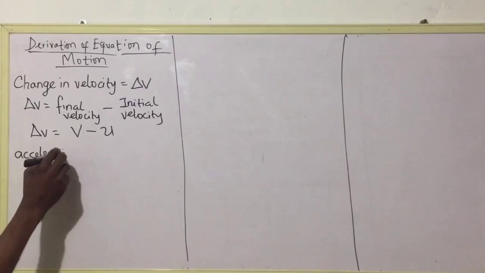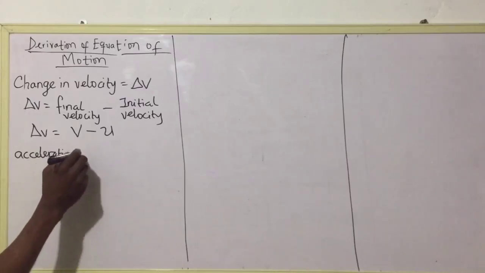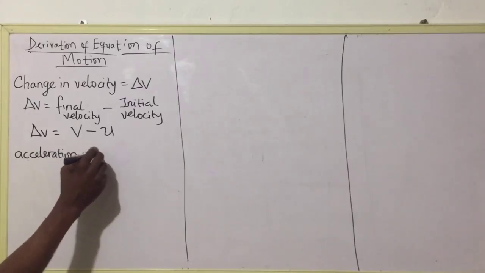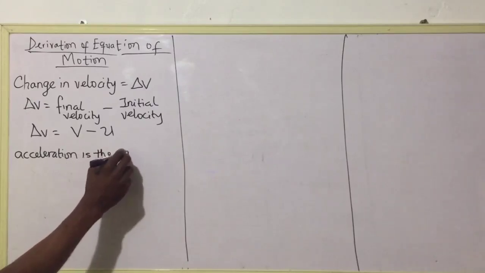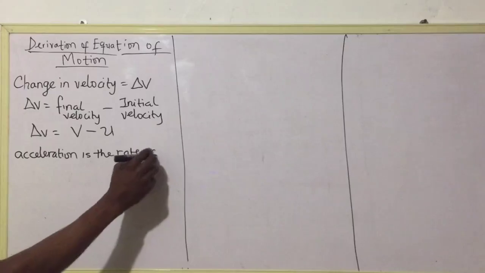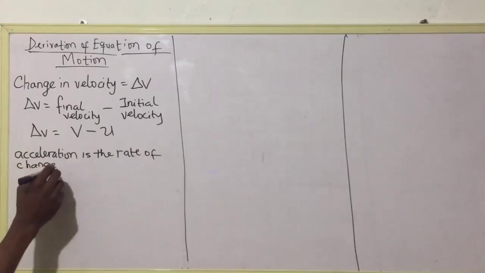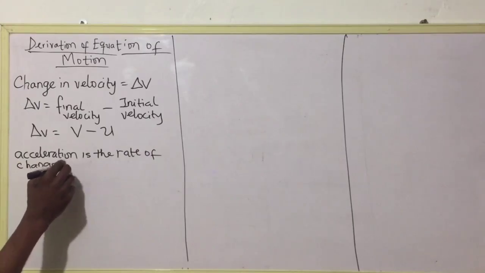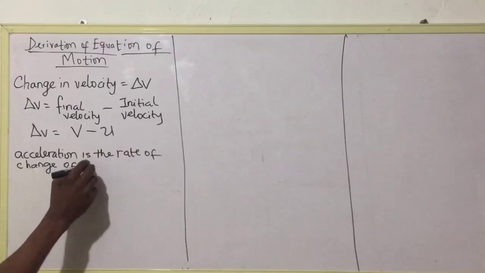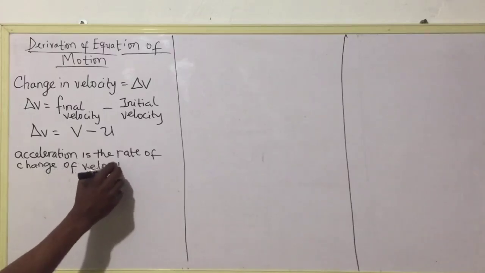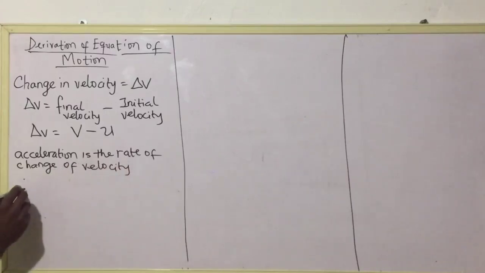The next thing we have to understand is what acceleration means. Acceleration is the rate of change in velocity, meaning anything that has to do with rate, you are considering time.